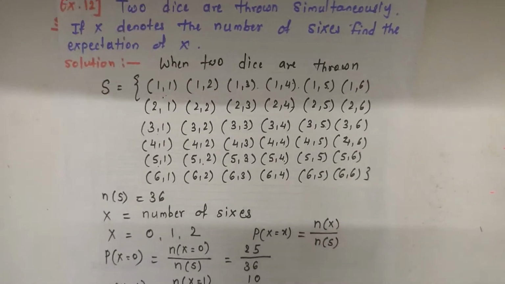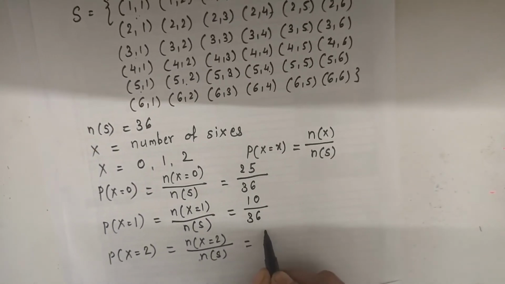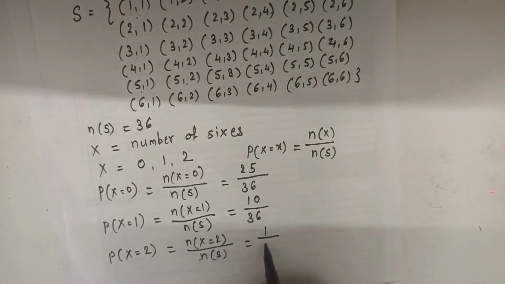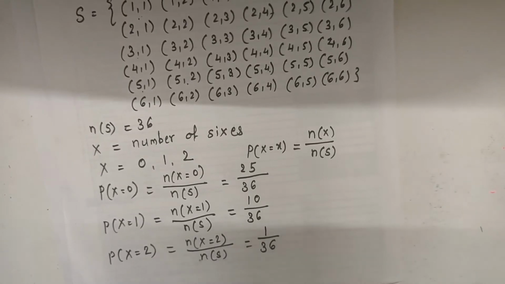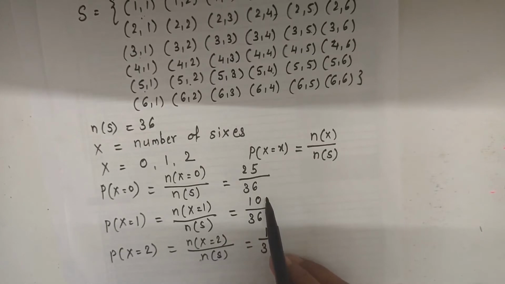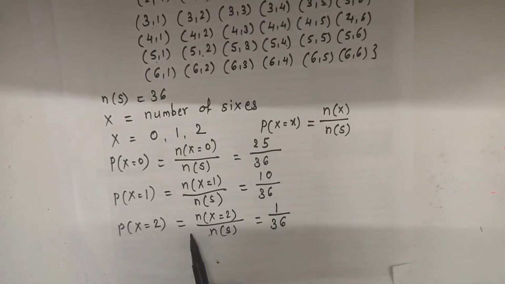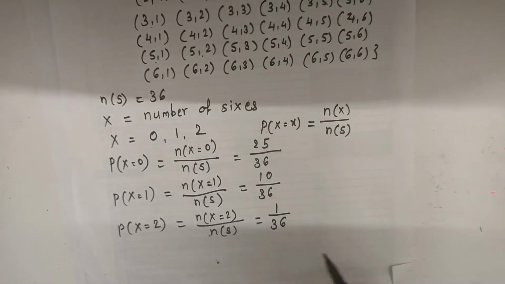So the probability for x is equal to 2 is 1 upon the total number of sample points 36. So in this way we get the probability for x is equal to 0, 25 by 36, x is equal to 1, 10 by 36 and x is equal to 2, 1 by 36.